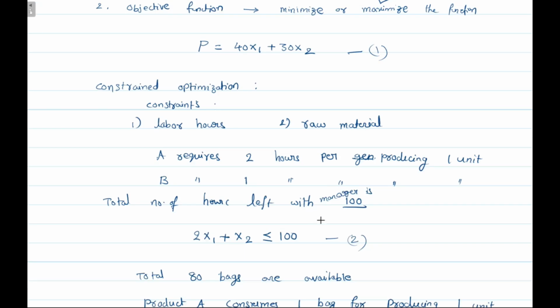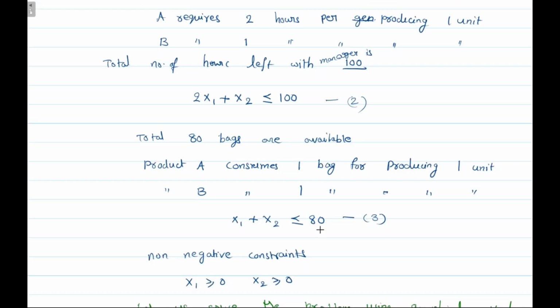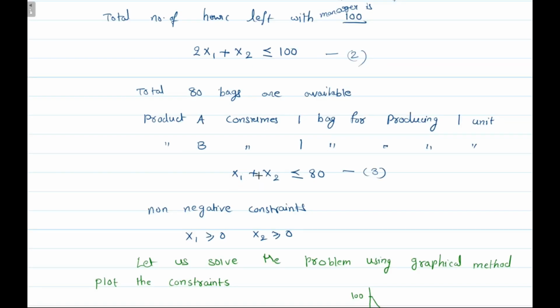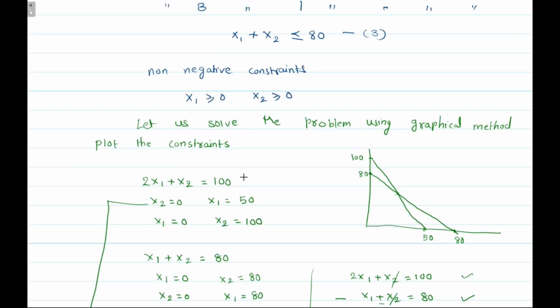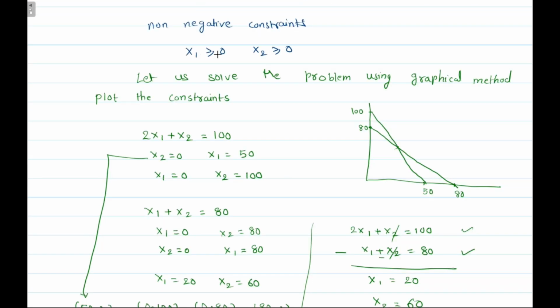Labor hours are available up to 100 hours only, and only 80 bags of raw materials are available. Product A takes 2 labor hours per unit and product B takes 1 labor hour. For raw materials, both products consume equal raw bags. And the non-negative constraints: both must be positive.